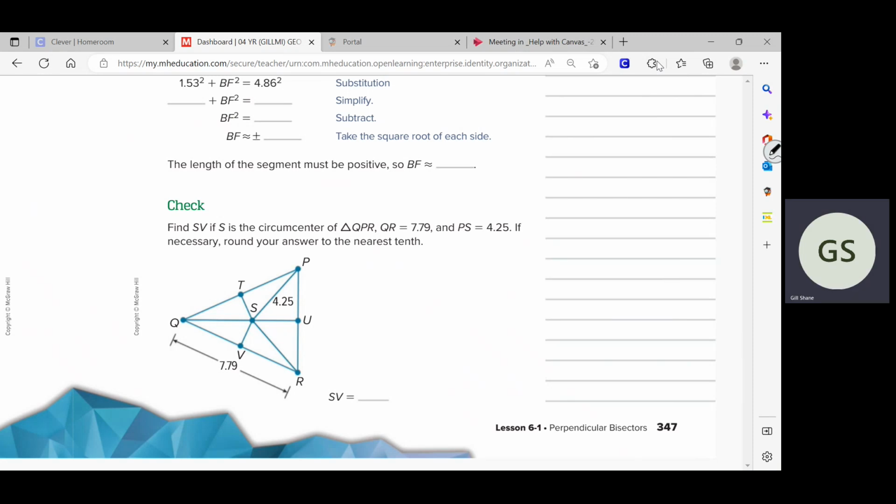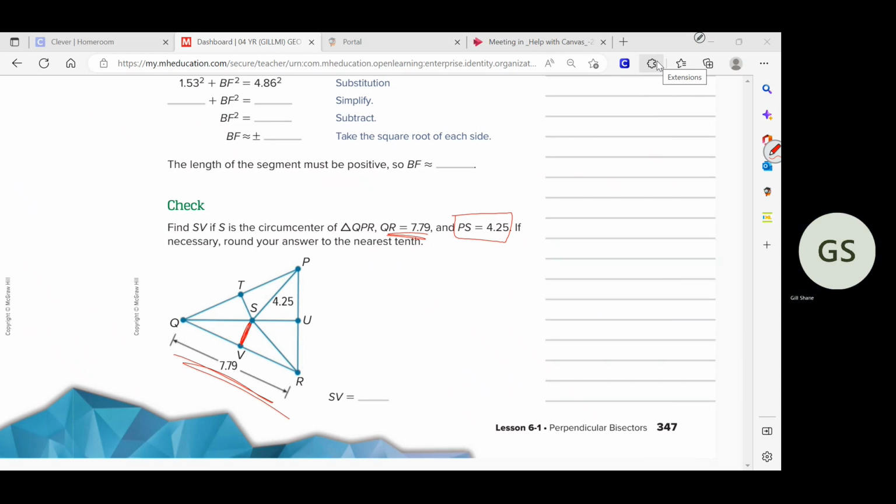I don't even need to tell you because they tell you where that 4.25 is being used. They also tell you this one, and I think it's pretty obvious what that is representing. And then they want you to solve for this little guy right there. That's what you're solving for.